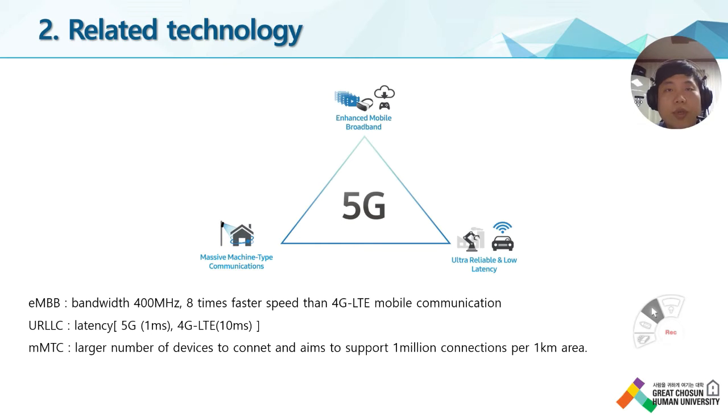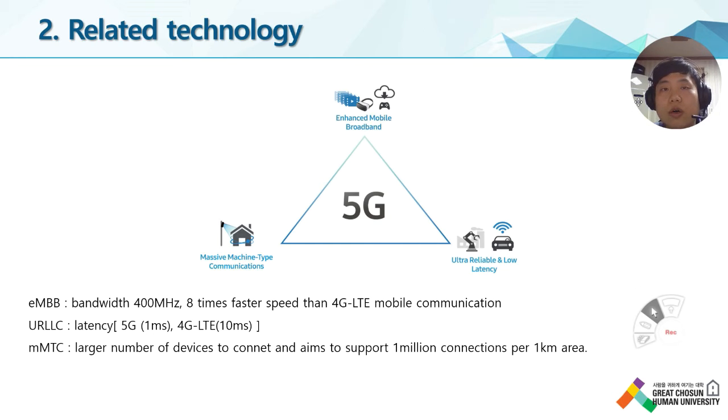The eMBB is a technology that enables high capacity transmission using large bandwidth at 5G and supports 8 times faster speeds than traditional 4G LTE service, using a 400 MHz band based on the millimeter wave of 28 GHz.